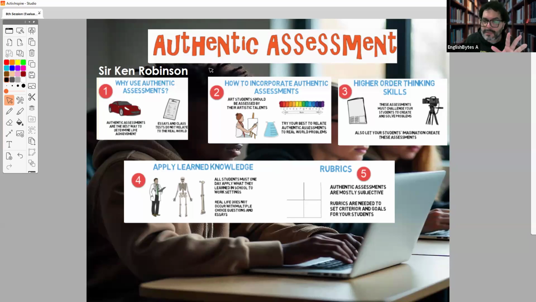You are going to teach them the same structures we work with: present simple, comparatives, present simple versus present continuous, etc. But try to include their artistic talents in it. Have them design something in English where they use their artistic talents and whatever they learned during your classes. Try your best to relate authentic assessments to real world problems.